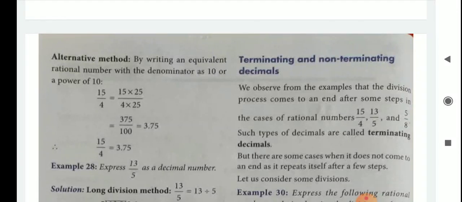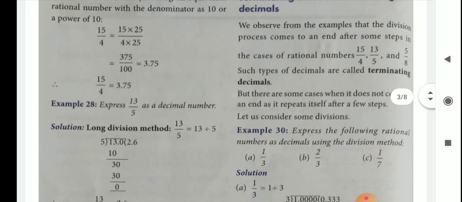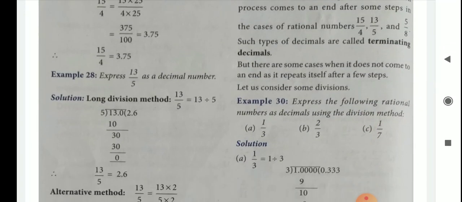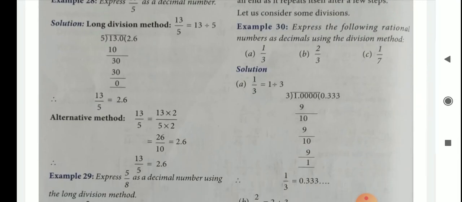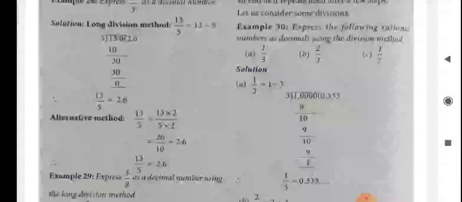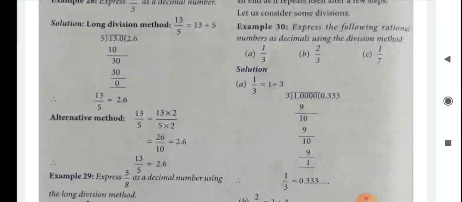But there are some cases when it does not come to an end, as it repeats itself after a few steps. Let's see the example, then it will be clear. Suppose we convert 1 by 3. Okay, so we write 1.000. So 3 is greater than 1, so we start from 0, then put one decimal point, then 3 3s are 9, 10 minus 9 is how much?